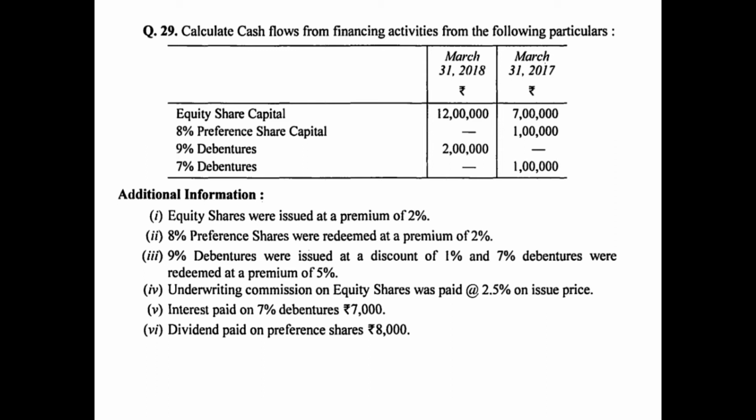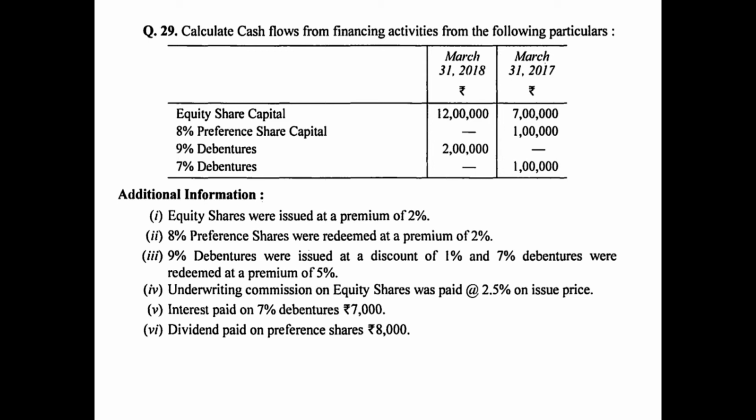And we are also paying 2.5% of underwriting commission, which can be deducted from this itself. So 2.5% when we calculate on the issue price, that is 2.5% of 5 lakh 10,000, it will come to 12,750. So it will also be deducted from the proceeds from issue of equity share capital, and ultimately the net amount received from issue of share capital will be 4,97,250. So this will be a cash inflow which will be added under the financing activities.